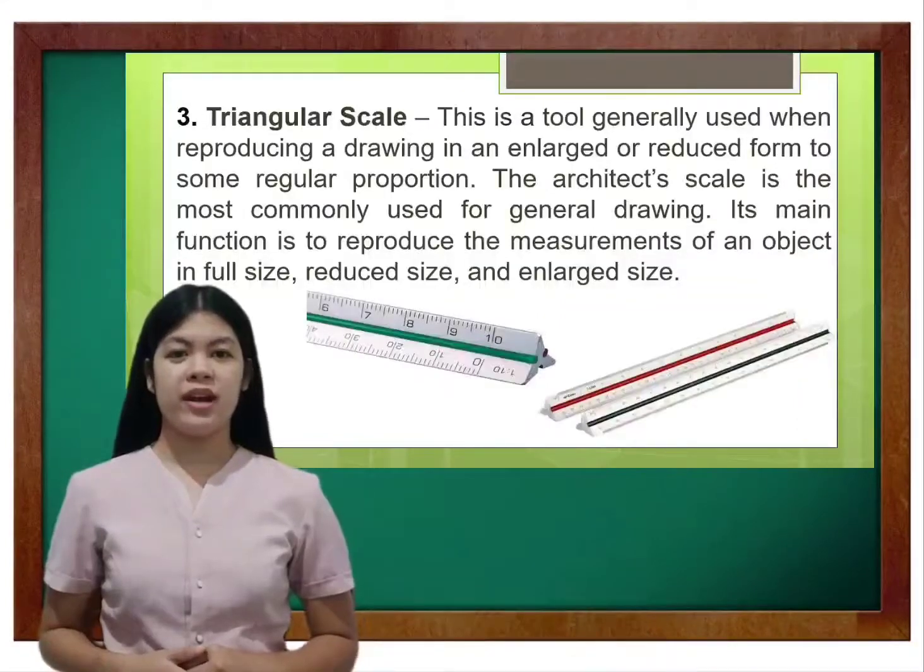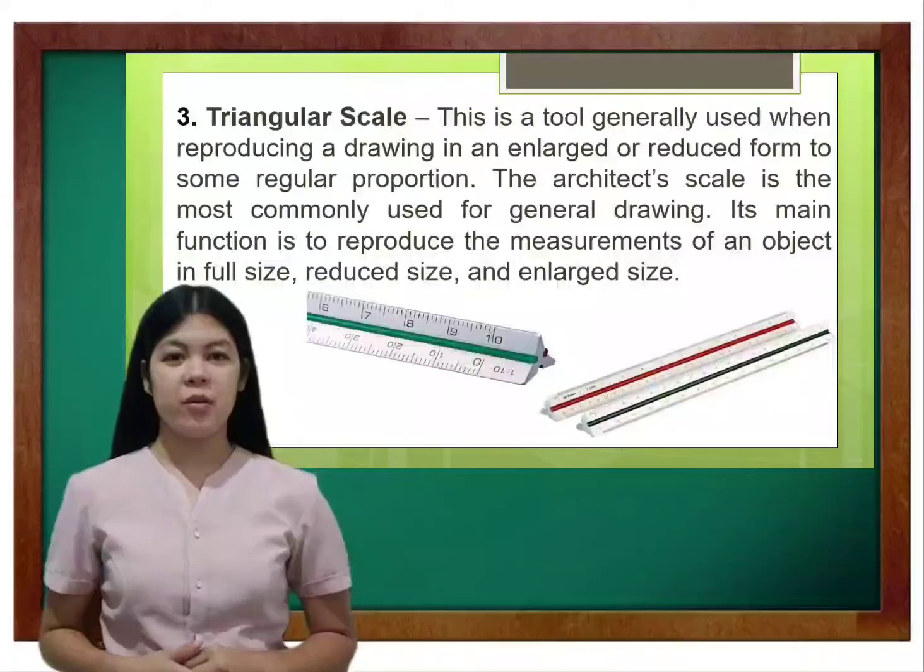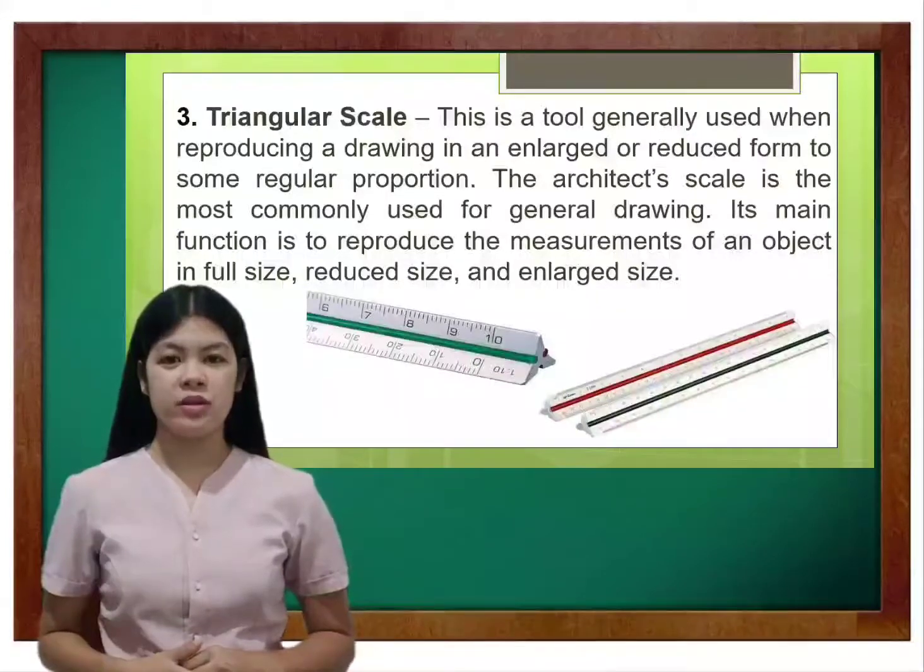Next, we have the triangular scale. This is a tool generally used when reproducing a drawing in an enlarged or reduced form to some regular proportion. The architect's scale is the most commonly used for general drawing.